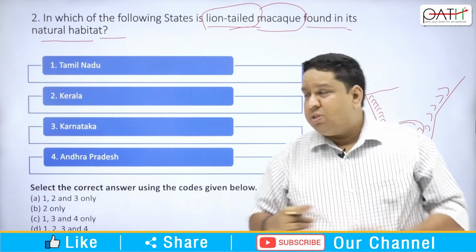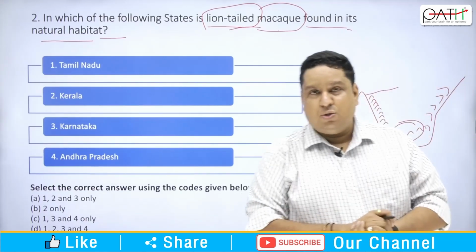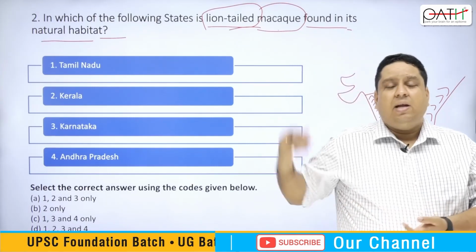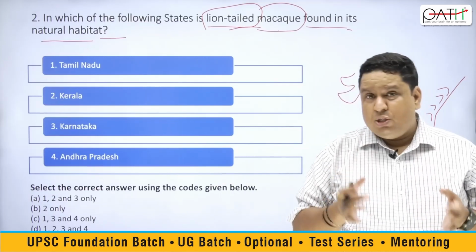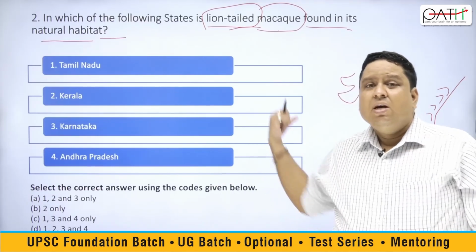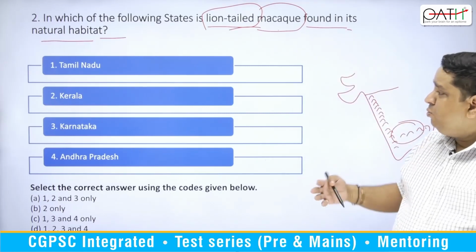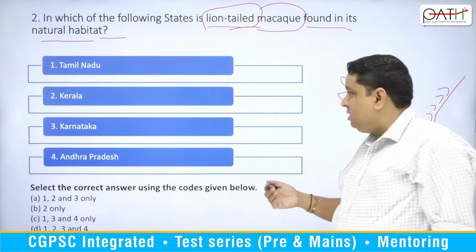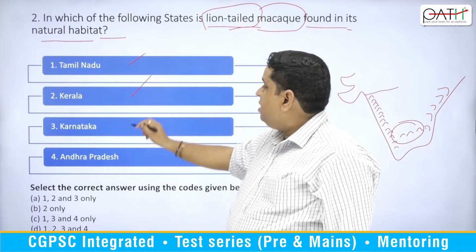So apart from studying these regular things, you should be aware about the flora and fauna also. Like for example, lion-tailed macaque, a famous species of monkey which is endemic to this Western Ghats region. If you see which states are located in the Western Ghats region, we have Tamil Nadu, Kerala, and Karnataka.